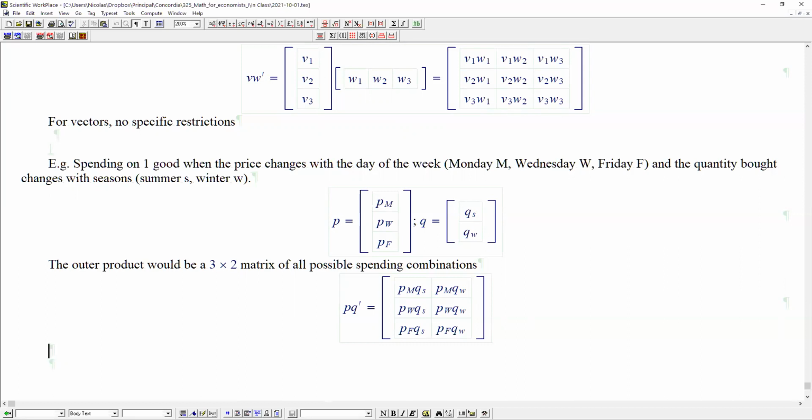So let us just finish with this. Matrix multiplication is just the inner product for every possible element of the outer product.